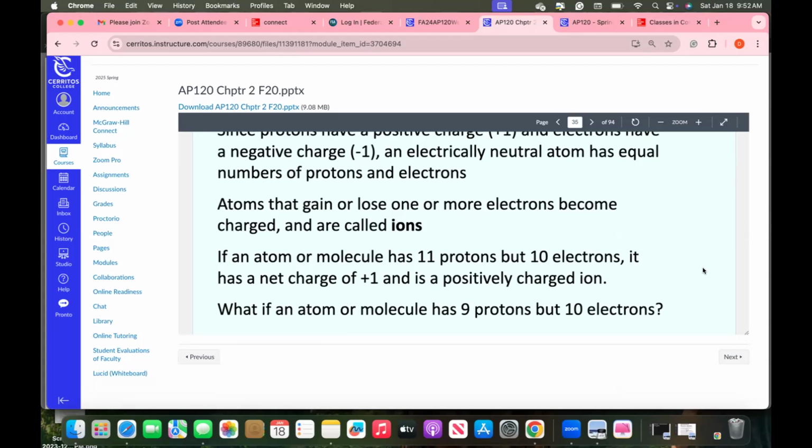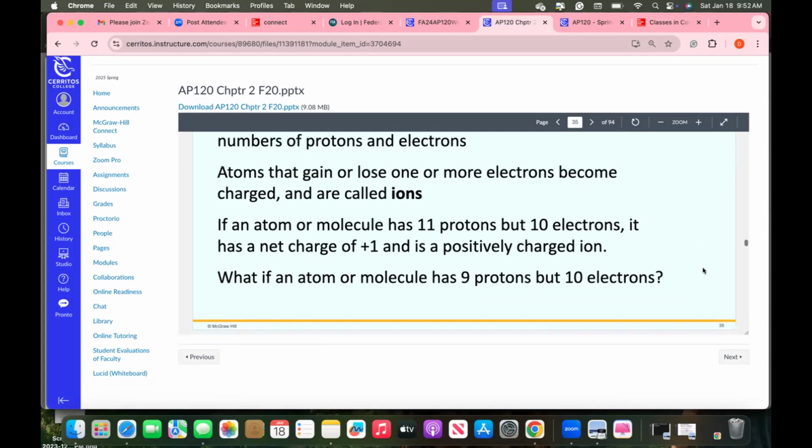It would be a -1, because this has 9 protons, so 9 of them are positive, and 10 electrons.